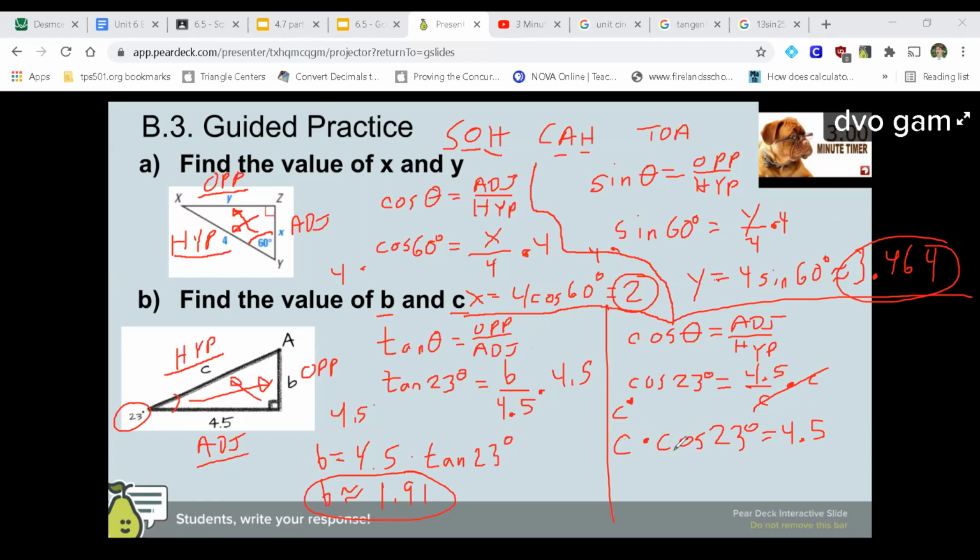So to get C by itself, I have to get rid of this times by cosine of 23. And what's the opposite of multiplying? Divide. So C will be 4.5 divided by the cosine of 23.